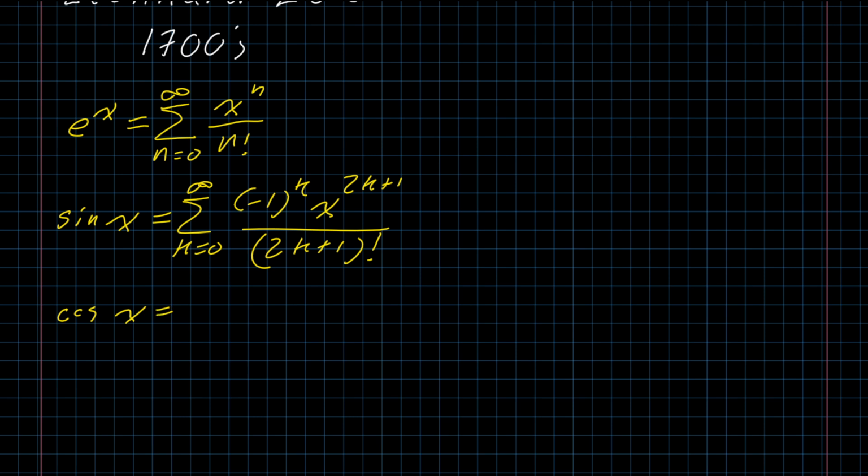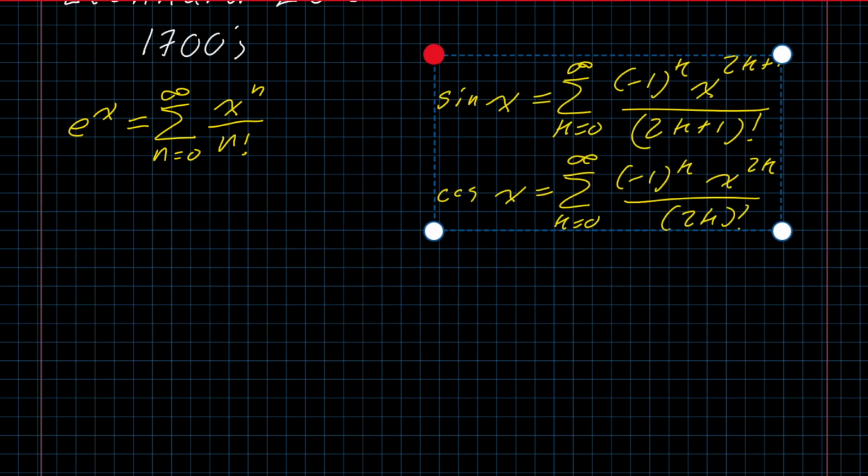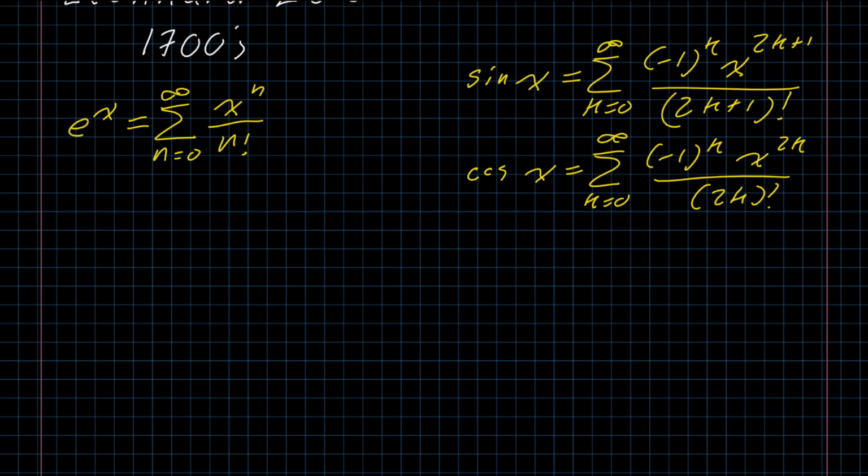And cosine of x is the sum, k goes from 0 to infinity of negative 1 to the k, x to the 2k all over 2k factorial. Those two power series expansions will be useful to us. They will come up a little bit later on, but we're going to focus for right now on the power series for the exponential function.